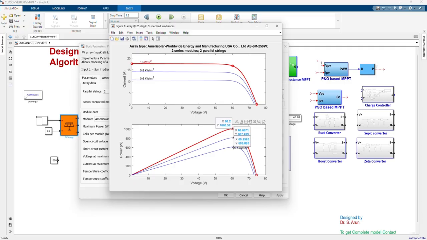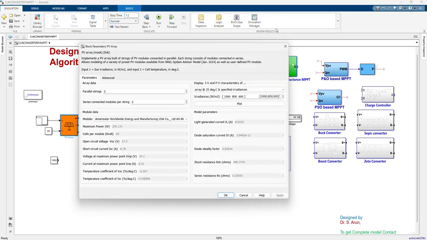Around all the maximum power points, the voltage will appear nearly 60.2, 60.68 and 60.95 volt. Therefore this is the maximum power extracted at these voltage points, and similarly the maximum current extracted for the different irradiance levels will be nearly equal to 16, the next one nearly 13.6, and the next one nearly 10.1985.